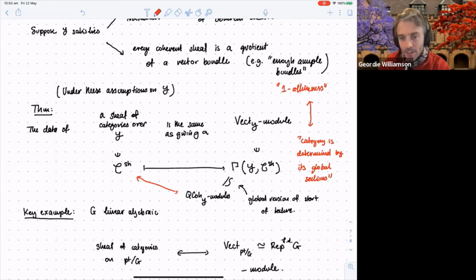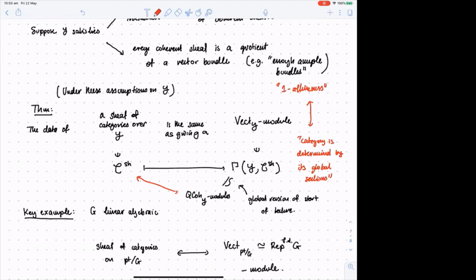Yeah, I think I'm missing something in what Tony's saying. I'm just saying that asking for the pullback to all affines to be coherent is too strong a condition, I think, because you could take your stack to be Spec K, and you could find some affine scheme mapping to it for which the pullback is not coherent.